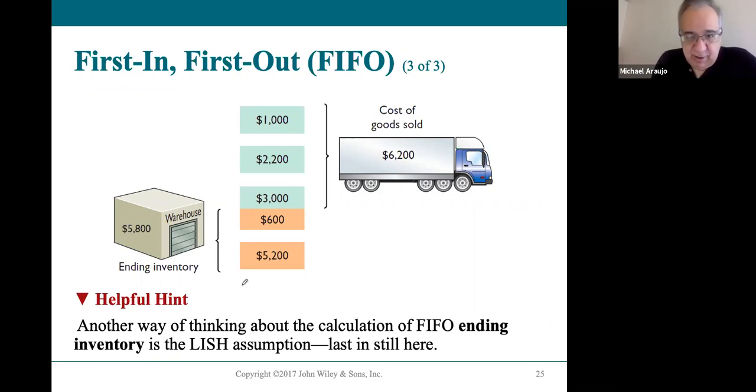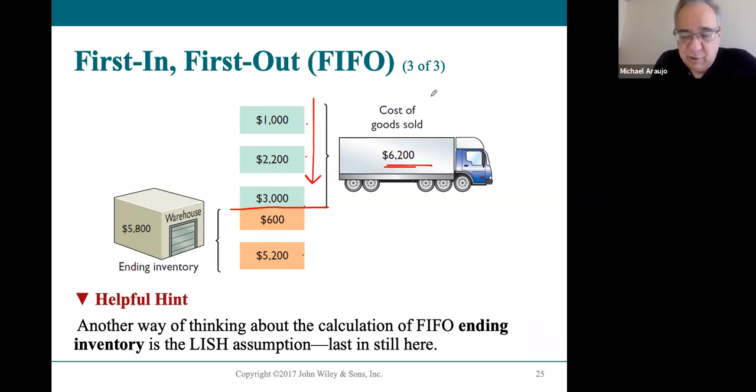As you see here, this is all $12,000 worth of inventory, right? Broken into beginning inventory, that purchase from April, that purchase from August, and the purchase in November. As you see, the first ones in are the first ones out. So this amount of the inventory, $6,200 worth, the first ones in, have been sold.